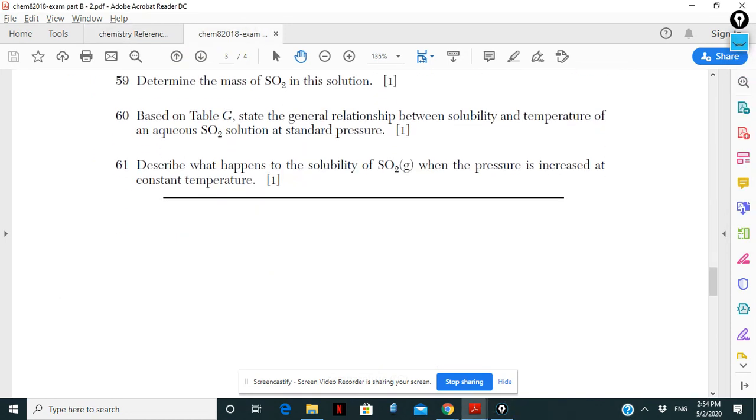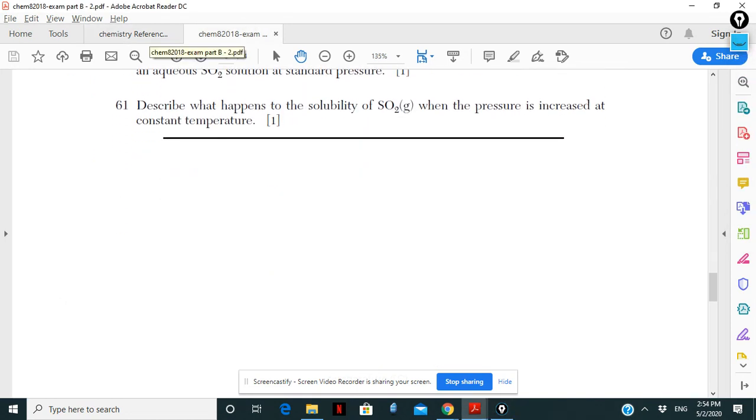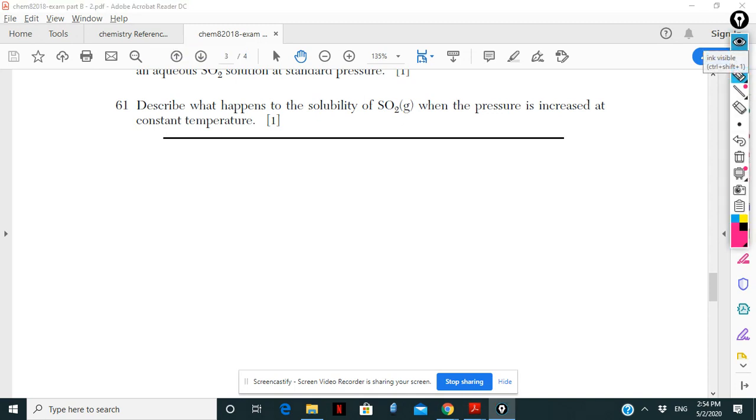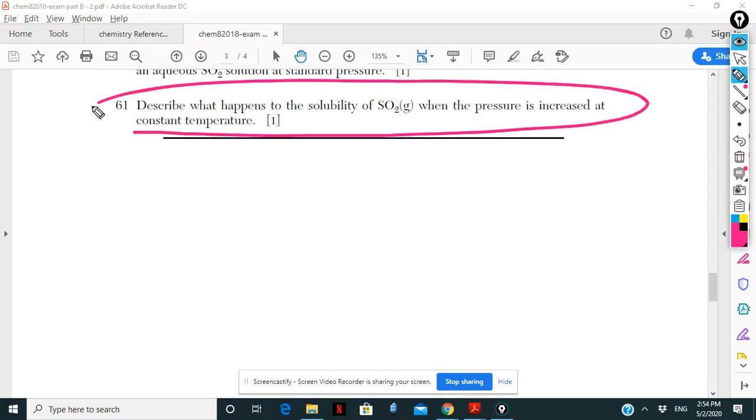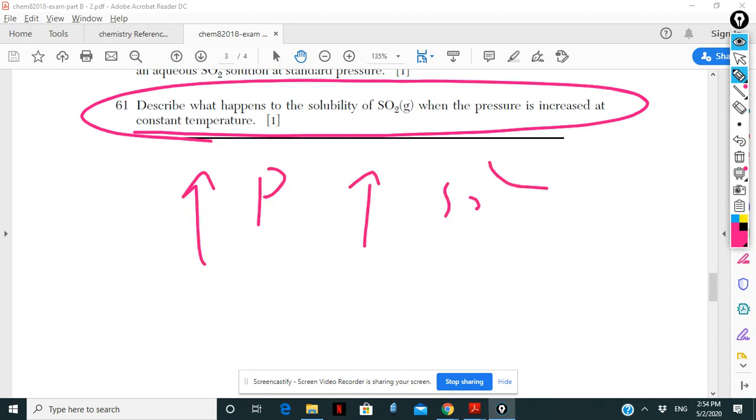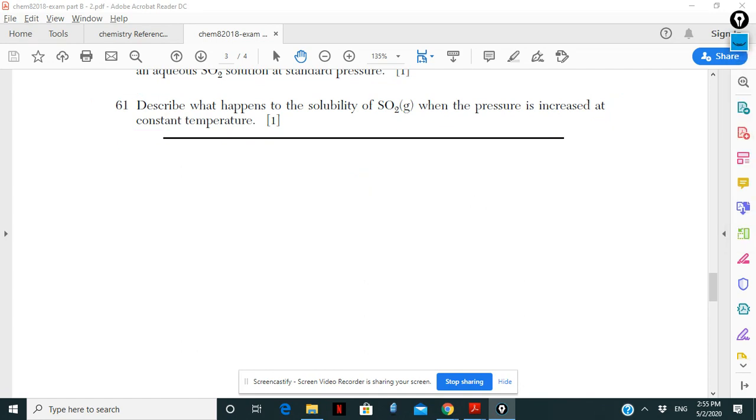What describes the solubility of sulfur dioxide when the pressure is increased? That's one trend of the solubility. As the pressure increases, the solubility increases. Okay, increasing pressure, increasing solubility. That's one of the 5 rules we took in the solubility trend.